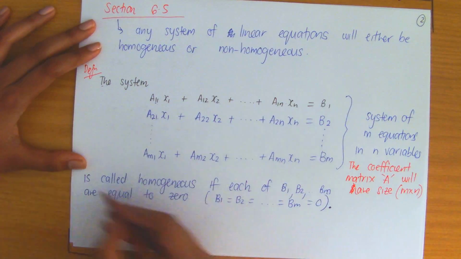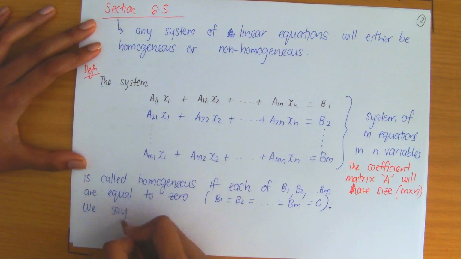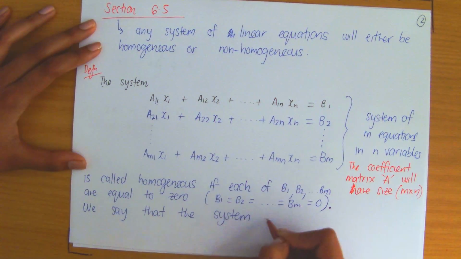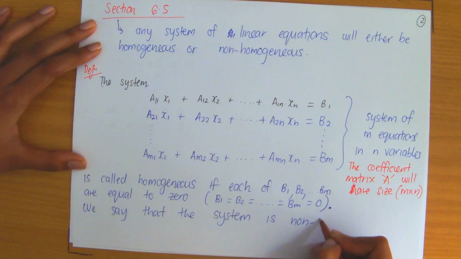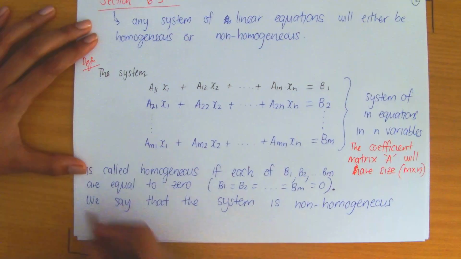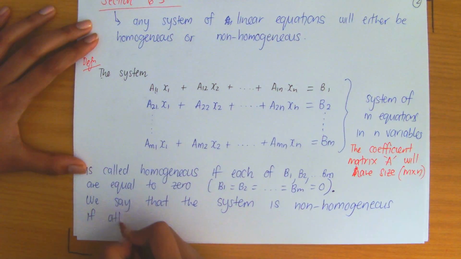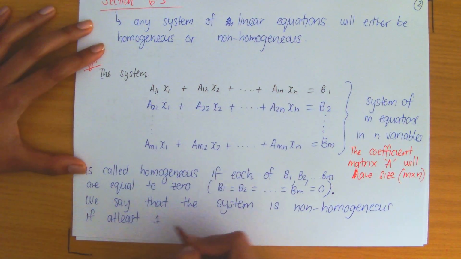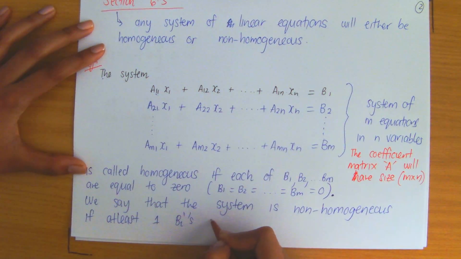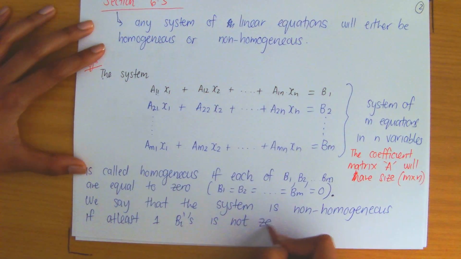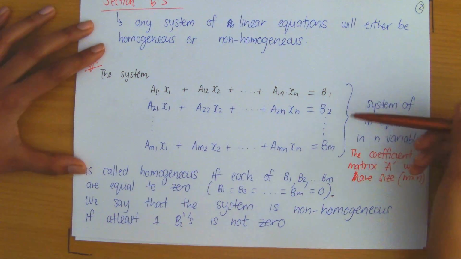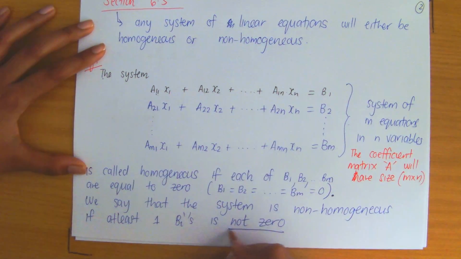And based on this definition, we say that the system is non-homogeneous if at least one of the bi's is not 0. So for example, if b2 was a number that was not equal to 0, then it will make this system non-homogeneous. So keep that in mind.